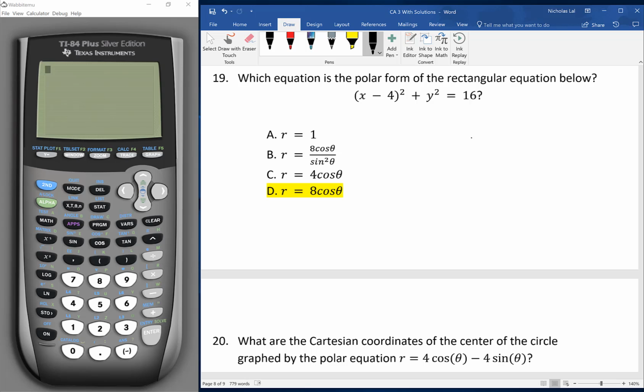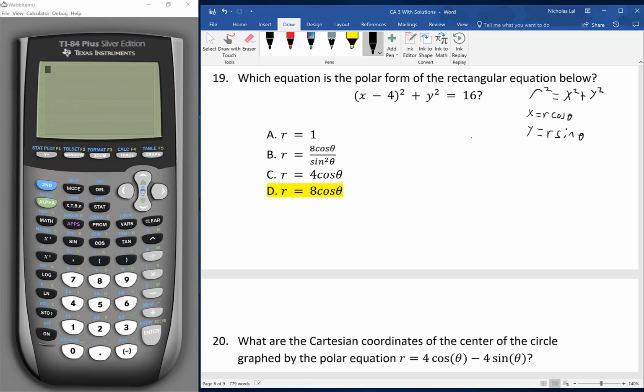Our polar equations are going to be r squared is equal to x squared plus y squared. We also know that x is equal to r times the cosine of theta, and y is equal to r times the sine of theta.